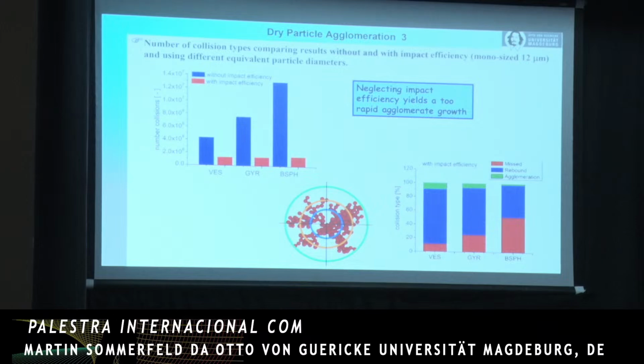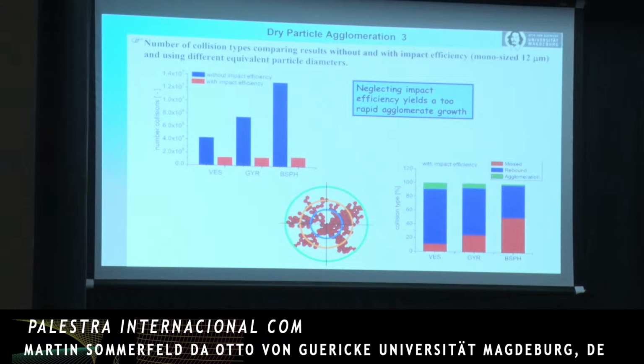But what can happen here? This is volume equivalent sphere, gyration, and bounding sphere. Let's start on the right-hand side. The red part is missed. That means the new particle does not find the nearest neighbor and goes through the aggregate structure. Blue is rebound, so the impact velocity is too high.